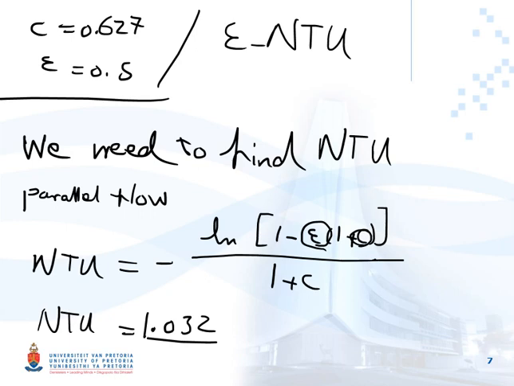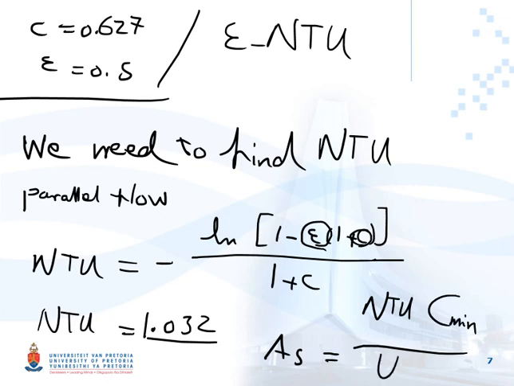There is a very simple correlation that relates NTU to surface area. So A_s, if I want to write it down, is NTU times C minimum divided by U. What is U here?